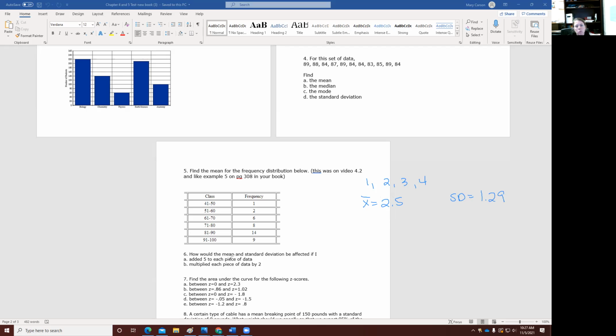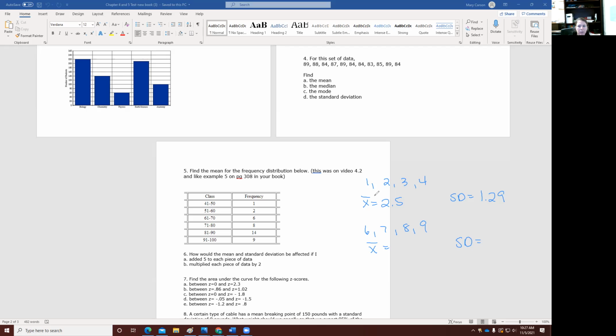Now, part A says what happens when you add 5 to each data value. So instead of 1, 2, 3, 4, we're going to add 5 to this. So this will be 6, 7, 8, and 9. And now we want to see what happens to the mean and what happens to the standard deviation. So again, I'm going to go stat edit, and put in 6, 7, 8, and 9. Go stat calc 1.